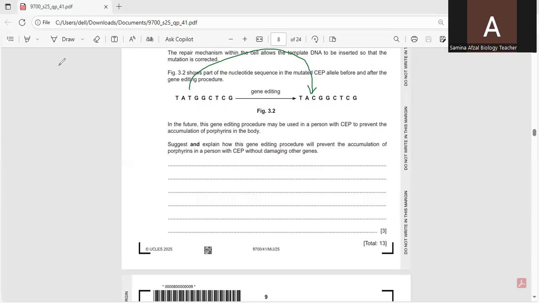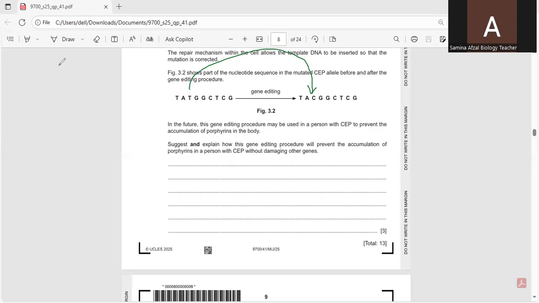The Cas9 enzyme is guided by the gRNA to the target site and acts as a molecular scissor, creating a double strand break in the DNA near the mutation site. Then the cell's natural DNA repair mechanism is activated, and a short length of DNA which contains the correct non-mutated nucleotide sequence is introduced and used as a template to repair the break. This mechanism, known as homology directed repair, ensures the correct template sequence is inserted, thereby correcting the substitution mutation.